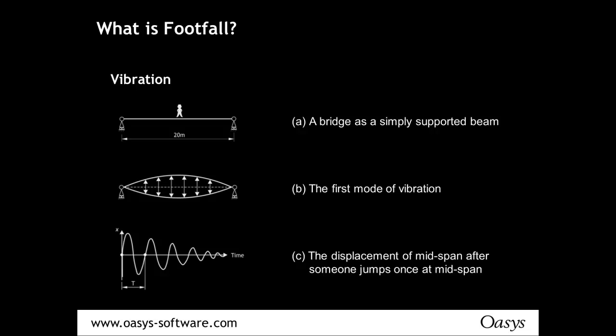If the people are walking at the frequencies that the structure likes to vibrate at, then you can get resonant effects. There's also transient effects where the vibrations will die off before the next footfall lands.